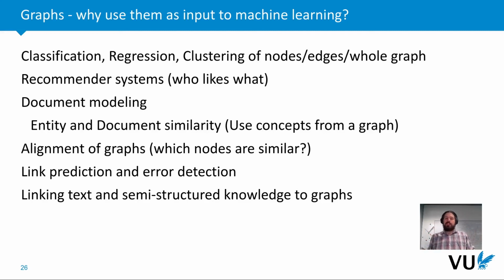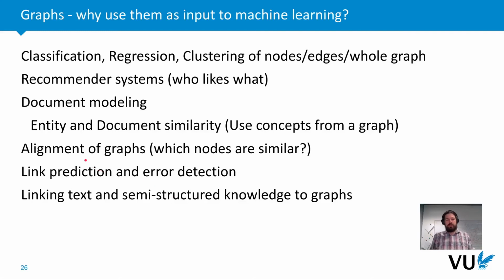The next case is document modeling. In document modeling, you have documents, text documents typically, and some of the entities in that text you link to your knowledge graph, and then your knowledge graph helps you decide that two documents are similar. So it basically uses these concepts. It's also very much related to the last point in this graph, which is about linking text and other semi-structured knowledge to graphs, for example, information from tables and so on.